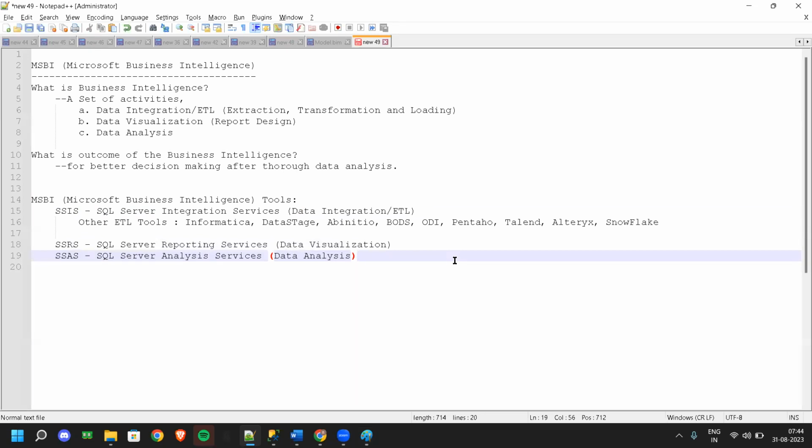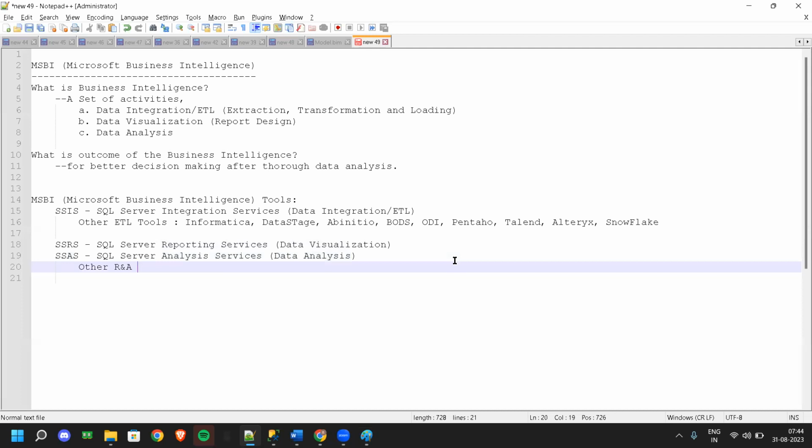Are we good? Now, sir, what are the other reporting and analysis tools available in the market from different vendors? Tableau, QlikView, Power BI, MicroStrategy, Actuate, right?